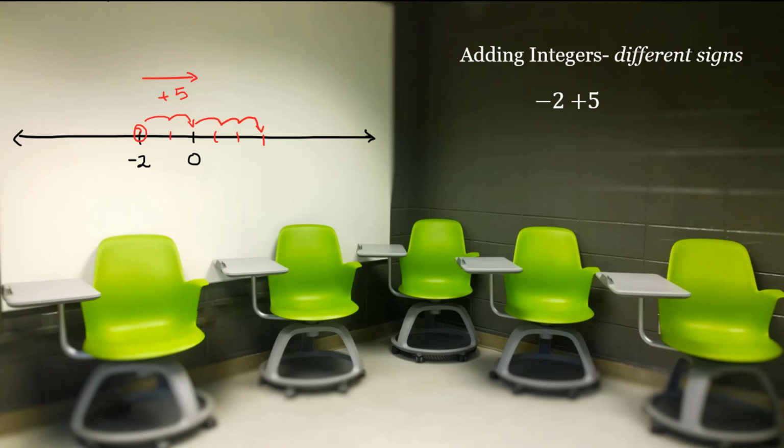So negative 2 plus 5 gets me up here at positive 3. So negative 2 plus 5 gets us a positive 3. So when you're adding different signs, there's going to be a rule for us that we need to know in a minute. And essentially what you can think of is just subtracting the numbers. Let's look at another example.